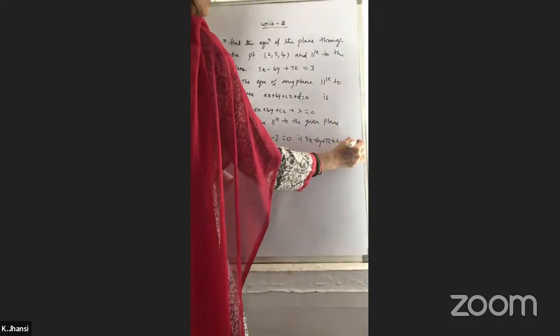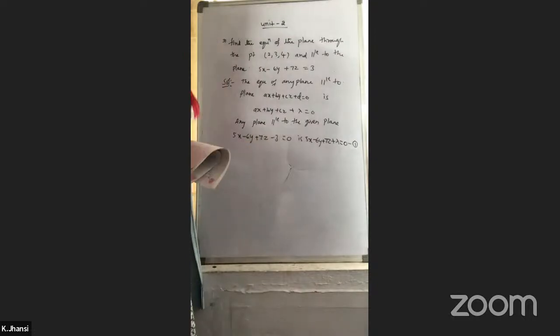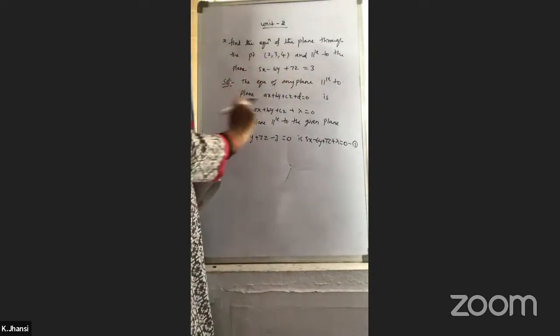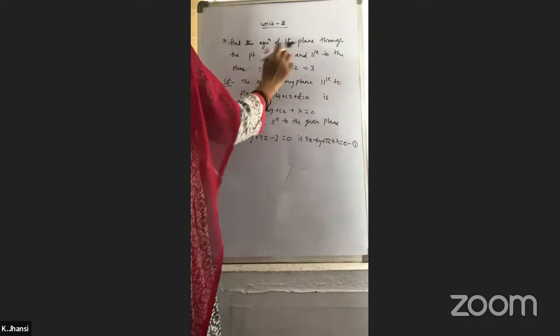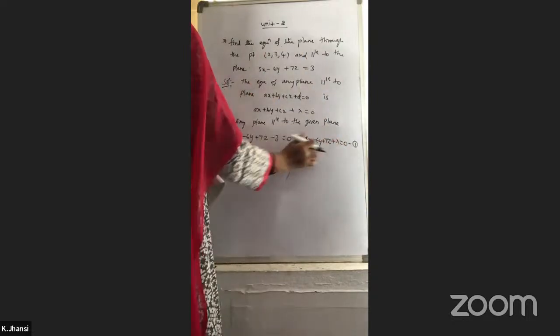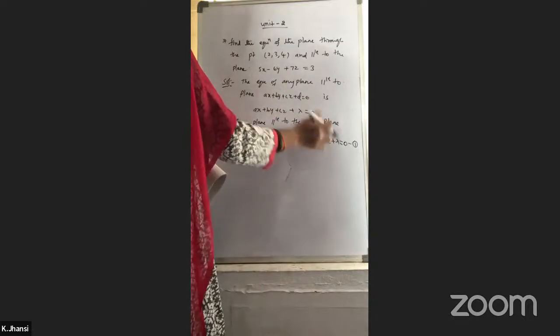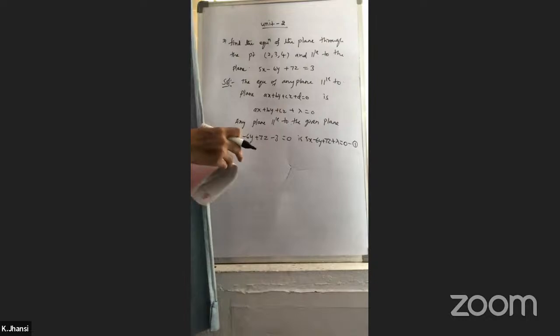You can take this as equation 1. Now here one point is given, which is passing through the parallel plane. If you substitute that point's x, y, z values in 1, we'll get the lambda value.